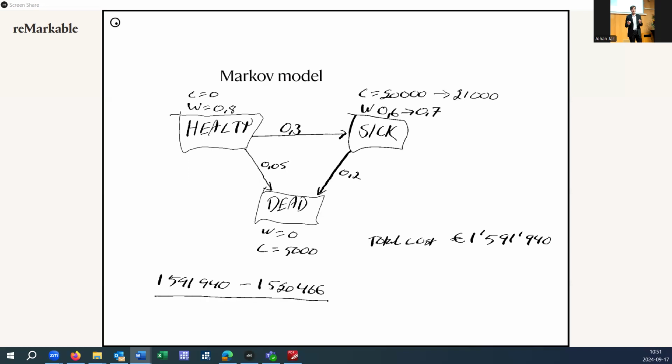We divide this by the outcome in the intervention. We accumulated 138 QALYs. Subtract the outcome of the base case, which was 130 QALYs, and this gives us an ICER of around 8,934.